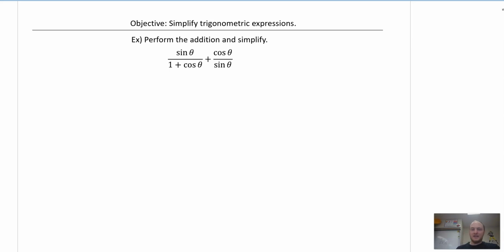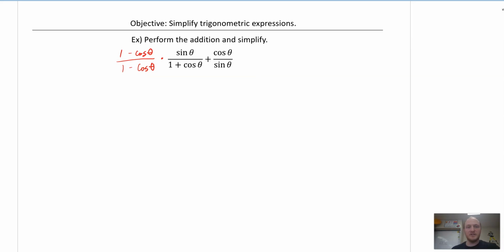We're going to multiply this side by the conjugate. So I have 1 minus cosine theta over here, 1 minus cosine theta, right? So I'm multiplying that expression by 1, so I'm not changing it.